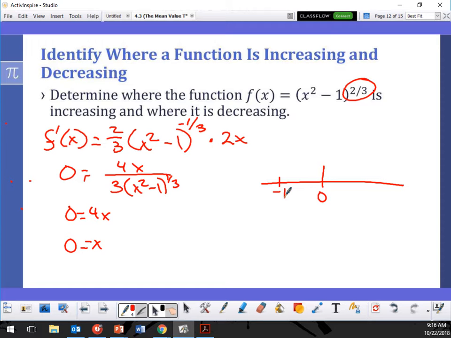And let's see, so -1, right here, the bottom should be 0. Uh-oh. Okay, -1 doesn't work for me, does it? No? Okay, so -1 doesn't work, right?